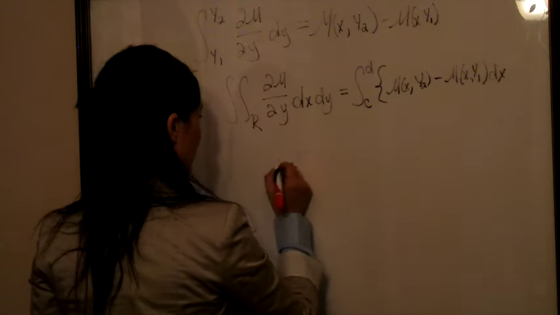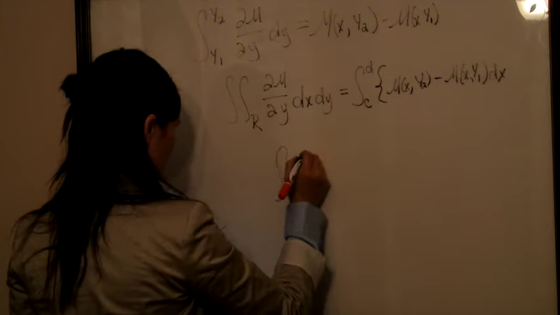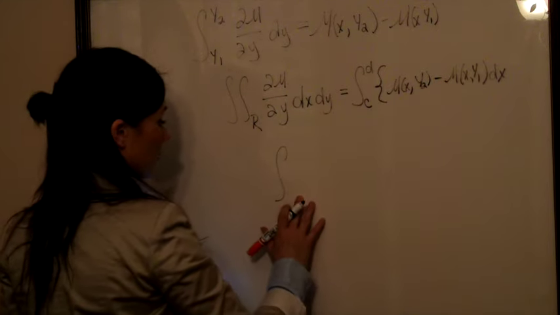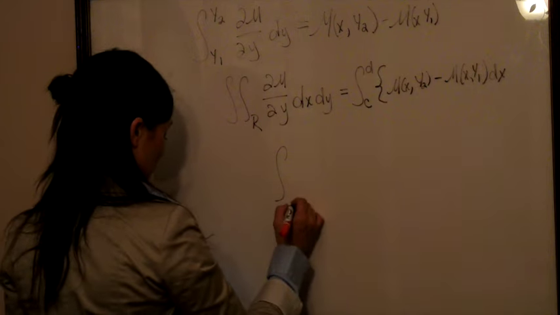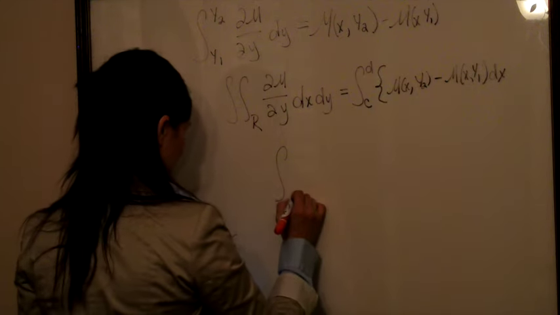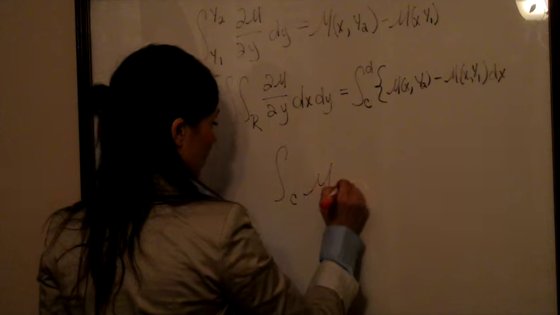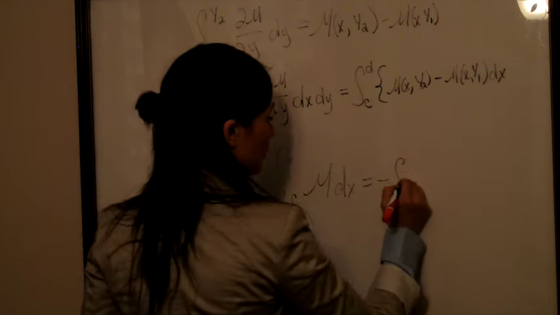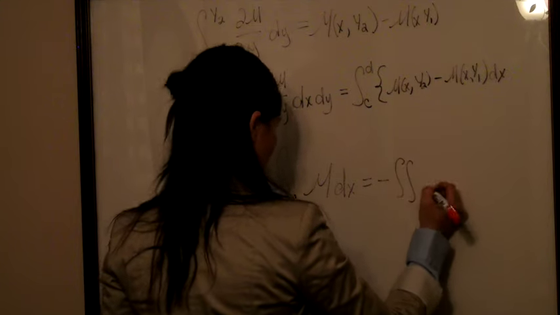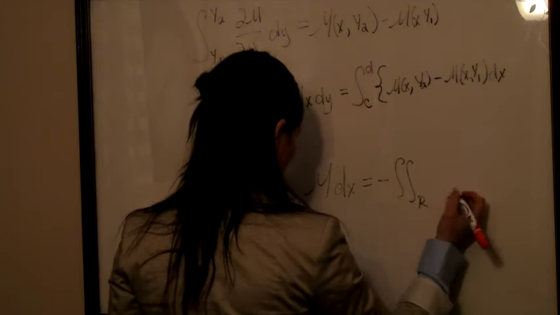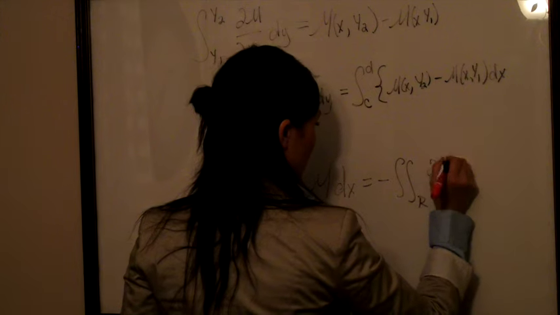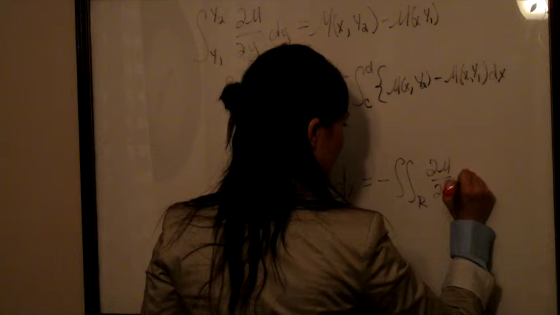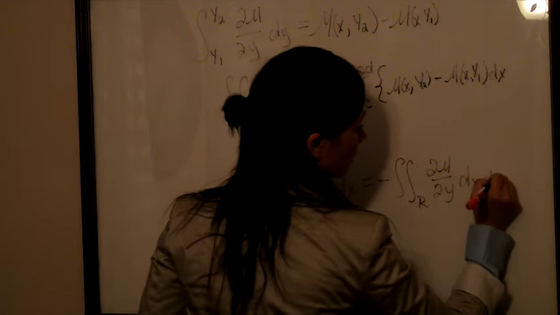Therefore, our integral over the curve C of M dx gives us a negative double integral for the region R of partial M over partial y dx dy.